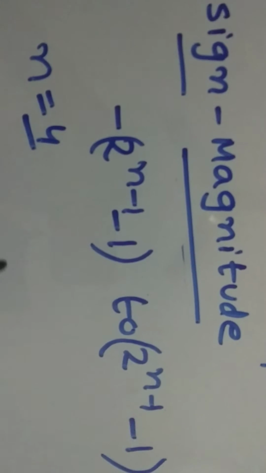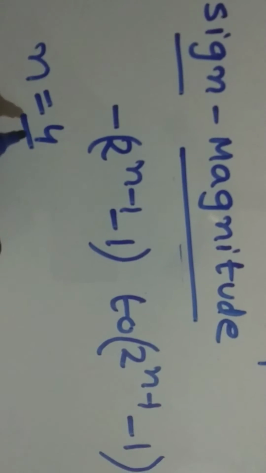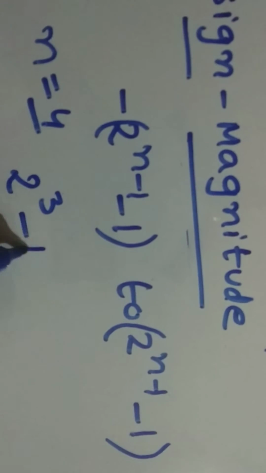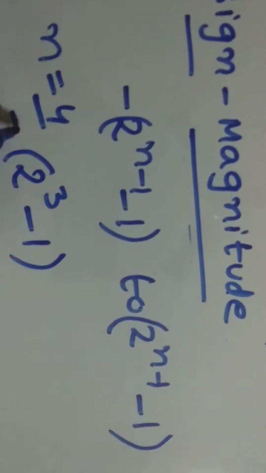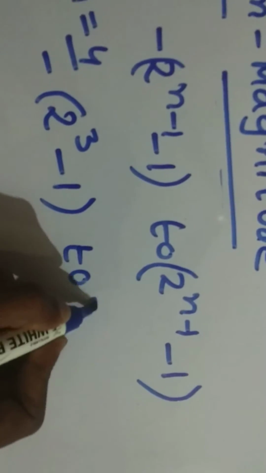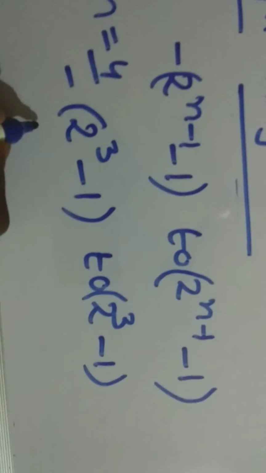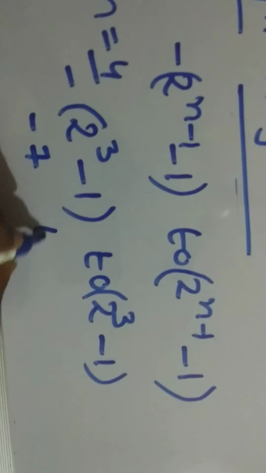As we have seen, -7 is represented in 4 bits. So we use 2 power 3 minus 1, and its negative, to 2 power 3 minus 1. So it is representing from -7 to 7.